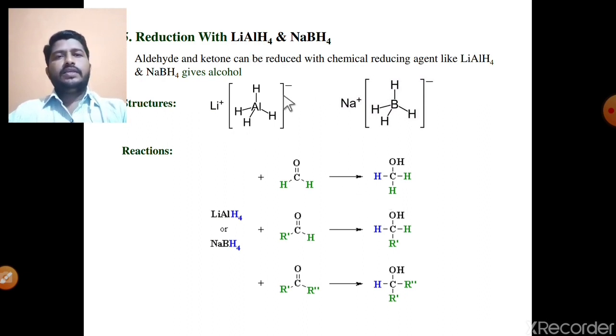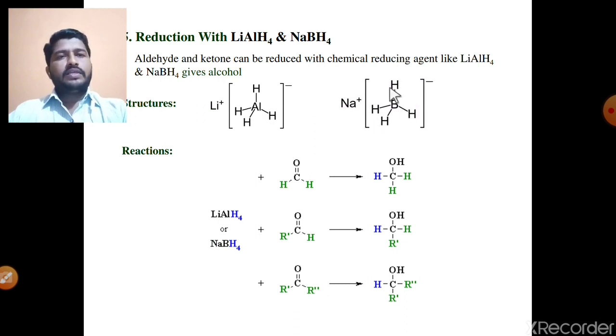See the basic structure of these two reagents, lithium aluminum hydride and sodium borohydride. In lithium aluminum hydride, aluminum is attached to four hydrogens. Aluminum is trivalent. After addition of the fourth hydrogen, with gain of an electron, this aluminum gains a negative charge stabilized by Li plus, and the overall structure is Li plus and aluminum with a negative charge.